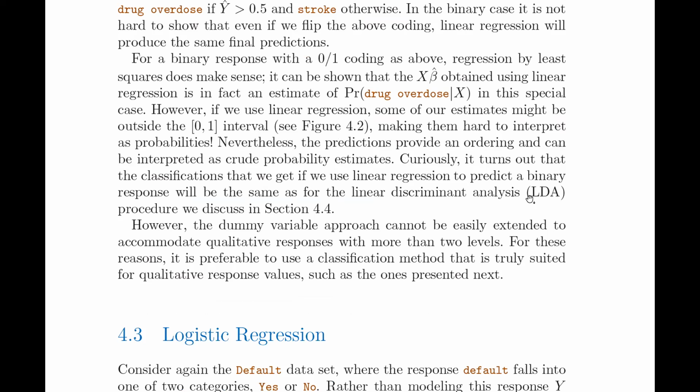Curiously, it turns out that the classification we get if we use linear regression to predict a binary response will be the same as the linear discriminant analysis procedure that we discussed in section 4.4. But before 4.4, we're going to do logistic regression.